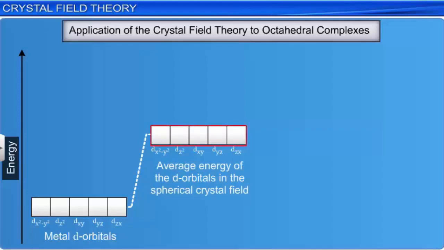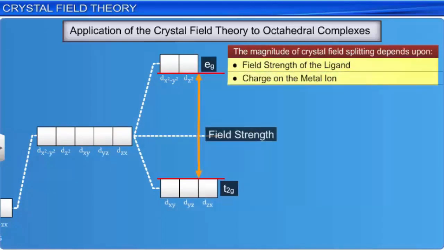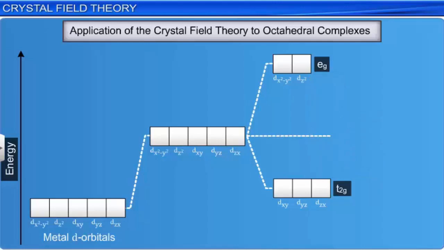The energies of the orbitals dx square y square and dz square, represented as Eg orbitals, will be increased by 3/5 delta O, while the other three orbitals dxy, dyz and dzx, represented as T2g orbitals, decrease by 2/5 delta O. Delta O means the octahedral crystal field splitting energy.